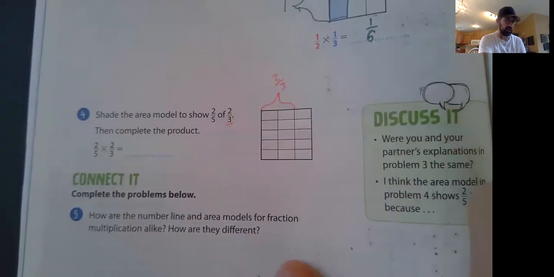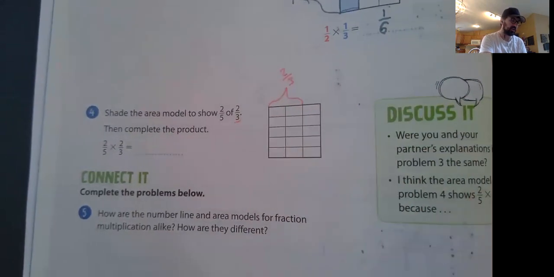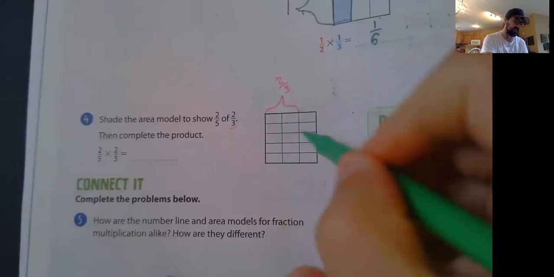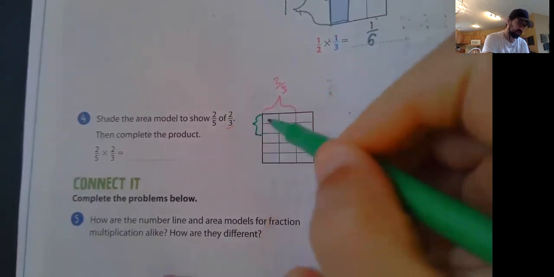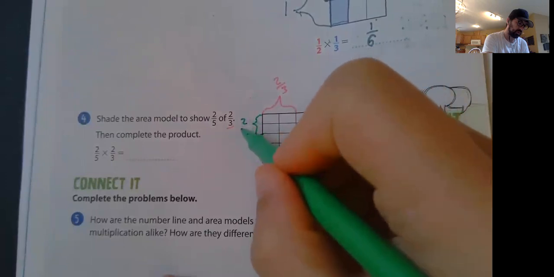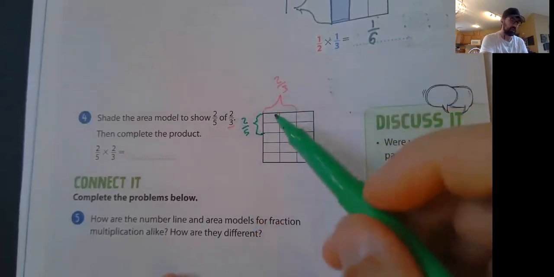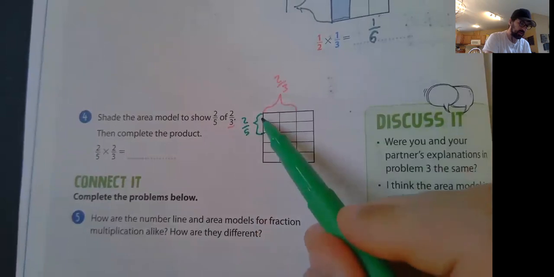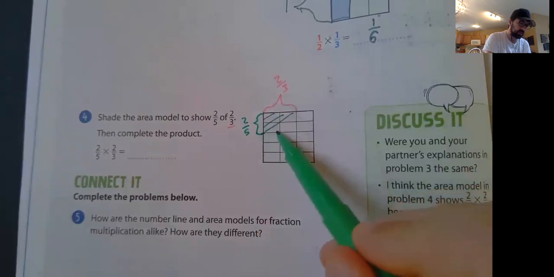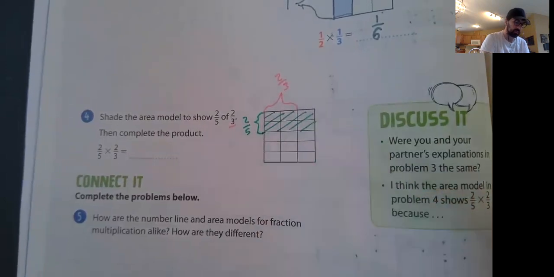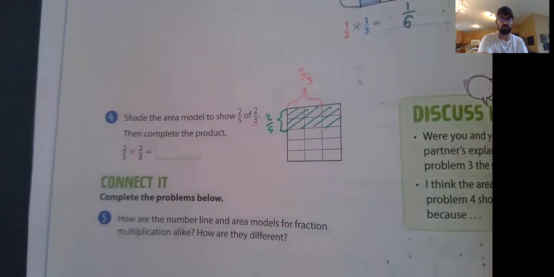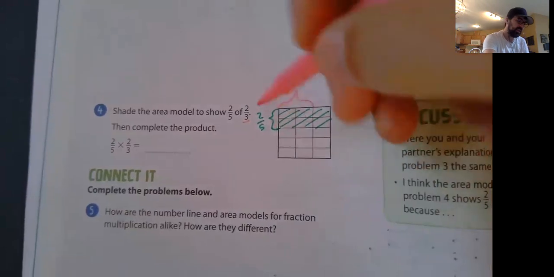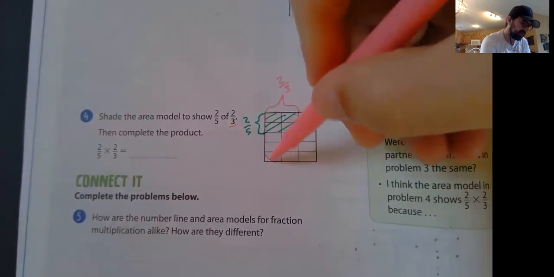And then because these are fifths going this way, I'm going to do 2/5. That's 2/5, right? Now we look at the other way.